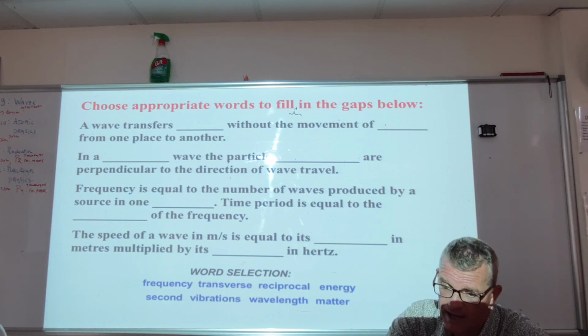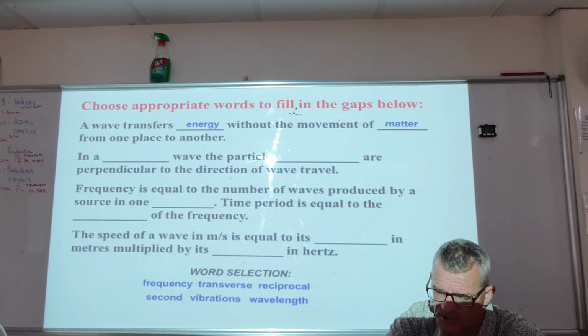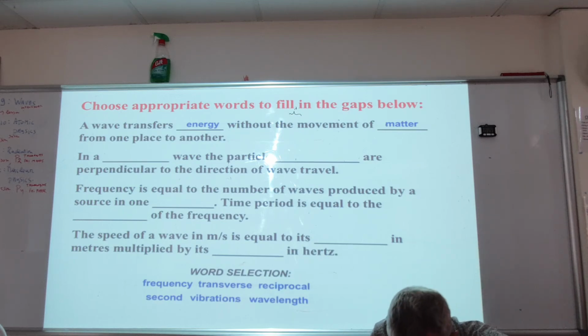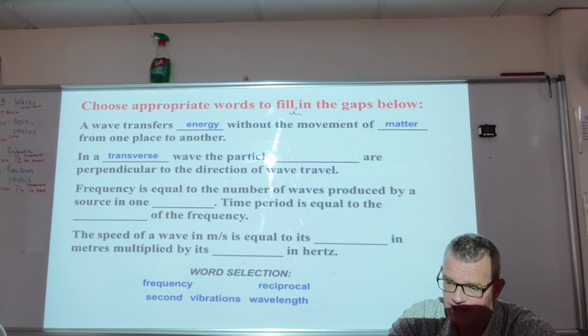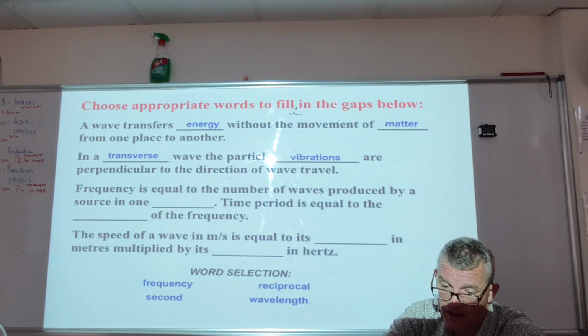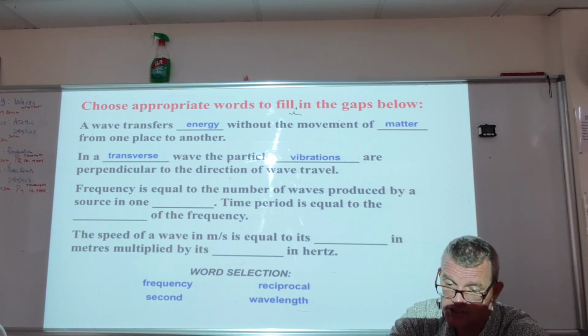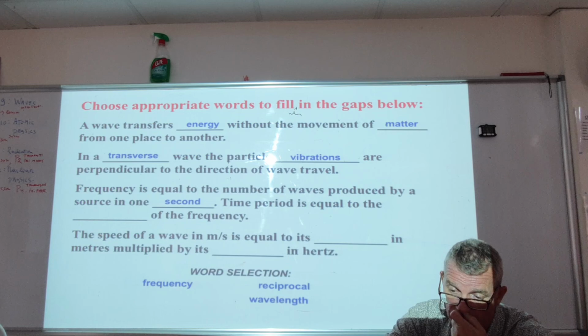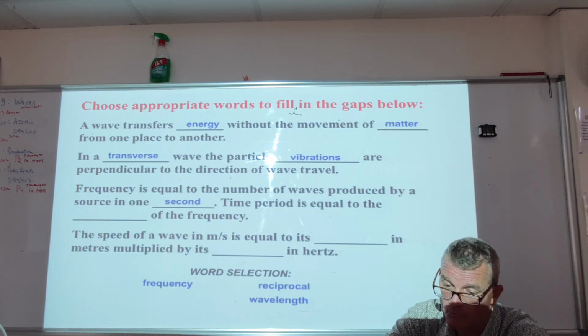All right, a wave transfers energy without the movement of matter from one place to another. In a transverse wave, the particle vibrations are perpendicular to the direction of wave travel. Frequency is equal to the number of waves produced in 1 second.